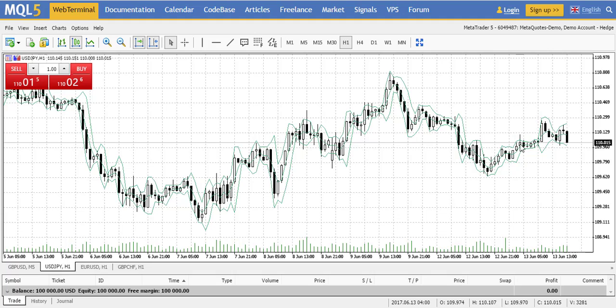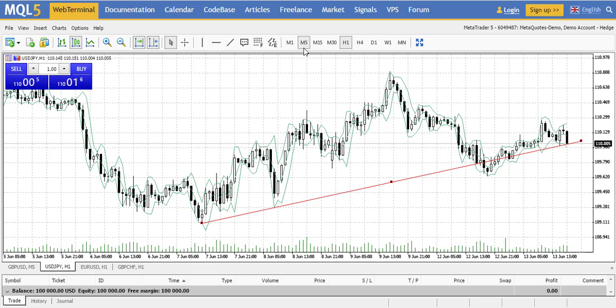What do we have in here? The overall trend is rising. It was broken here, but again continues to rise, and quotes right now are located under the average line. We can also see that the higher and lower lines of the Bollinger Bands are widening, which means we can expect some volatility.